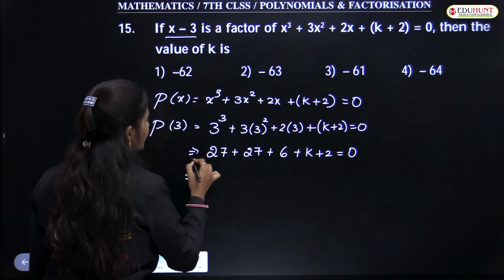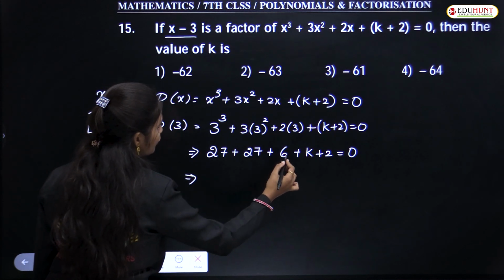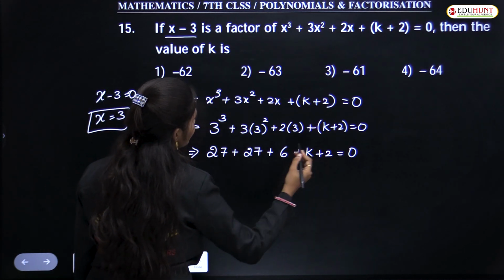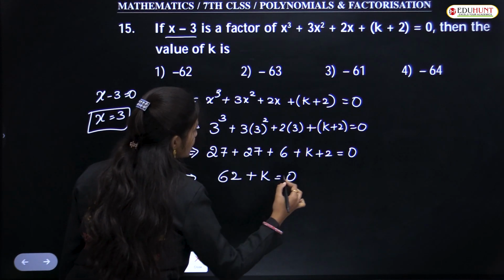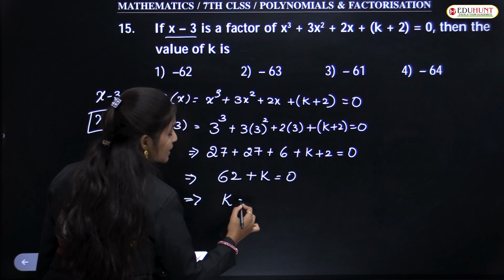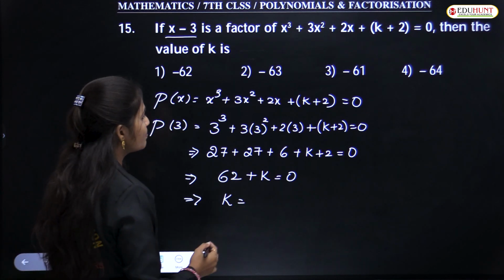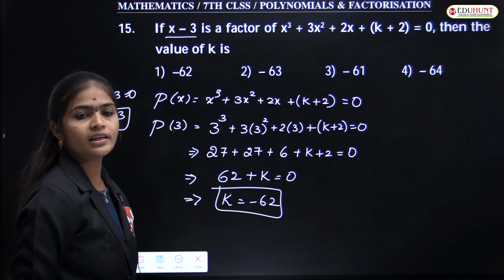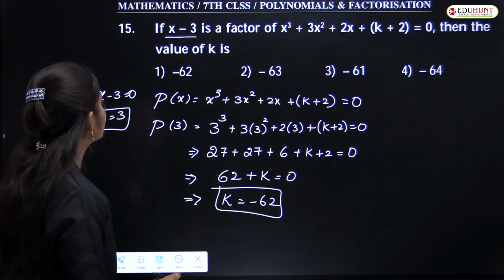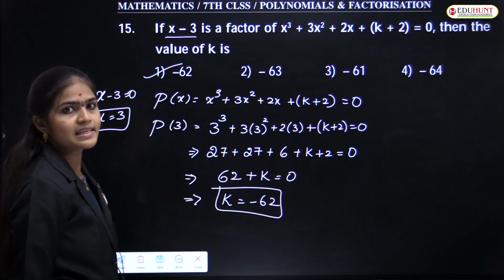Now 27 plus 27 is 54, plus 6 is 60, plus 2 is 62. So 62 plus k is equal to 0. So k is equal to plus 62 becoming minus 62. So what is the value of k here? Minus 62. Which option is correct? Yes, option 1 is correct.